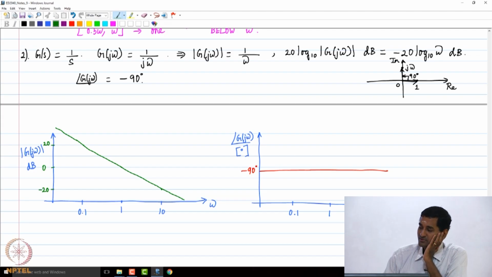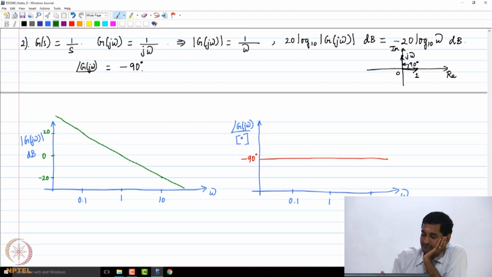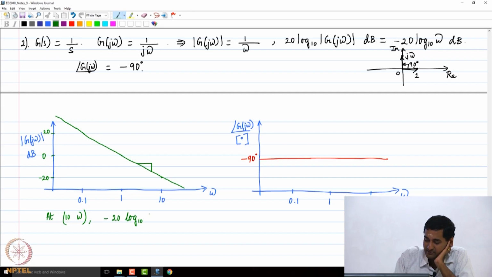Now what do you think should be the slope of this line? The way we calculate it is the following. The function under consideration is minus 20 log omega. Let's say at 10 omega, what are we going to get? We are going to get minus 20 log to the base 10 omega decibels.